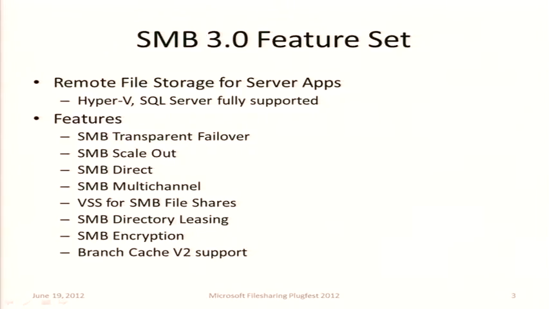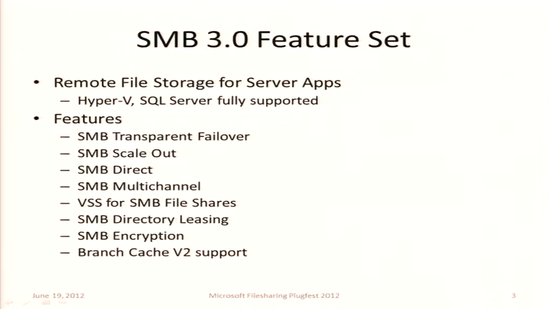These enterprise apps are continuously available apps. They can tolerate no more than a few seconds of outage. When they do have an outage, they need to come back quickly with all their state intact. And so the features of SMB2 were a bit of a challenge for them. And that was a main motivator as we developed the feature set of SMB3, or what came to be known as SMB3.